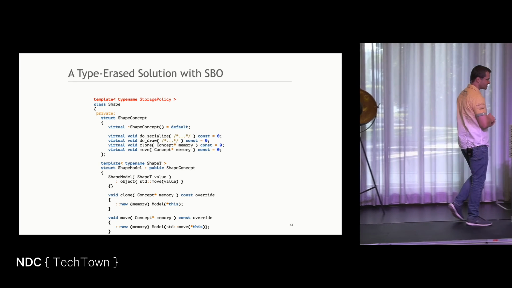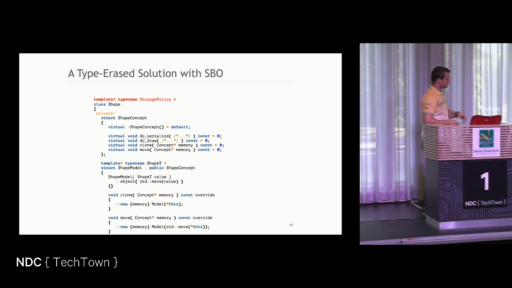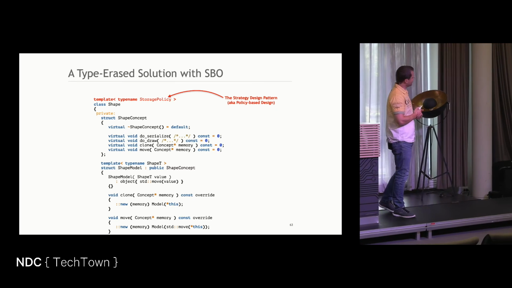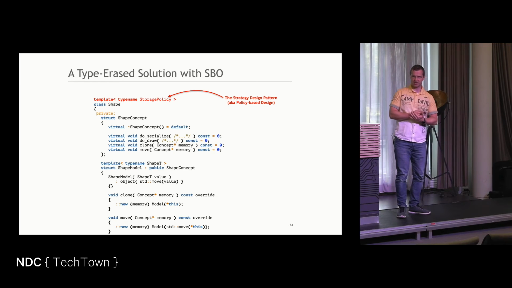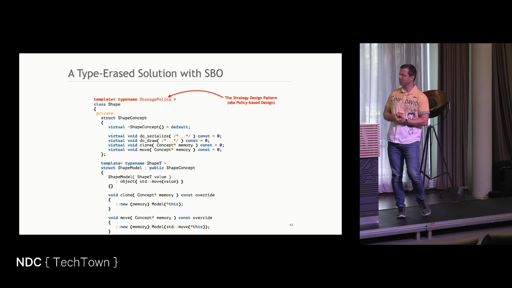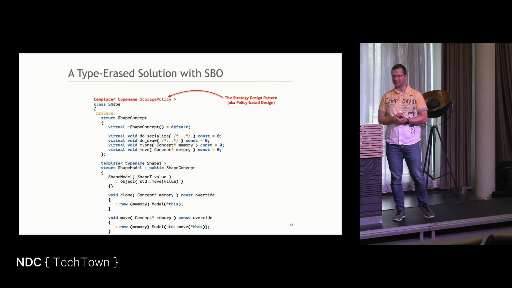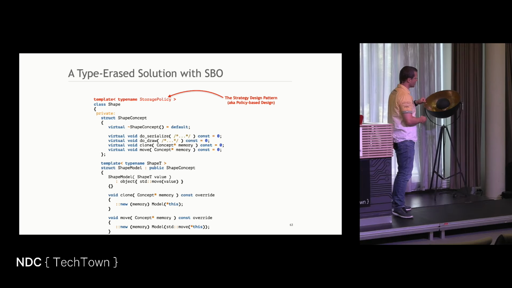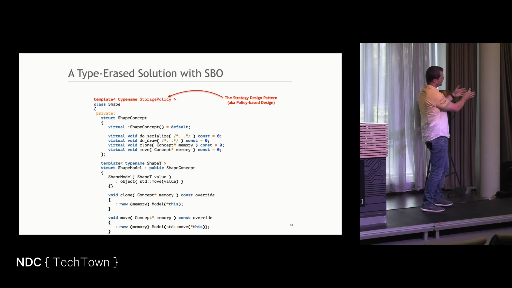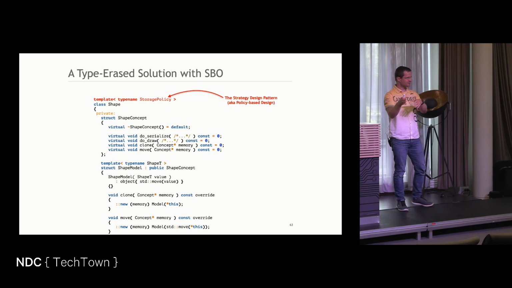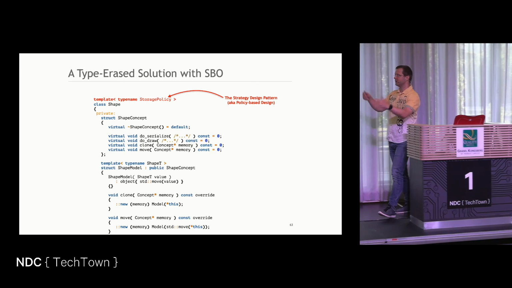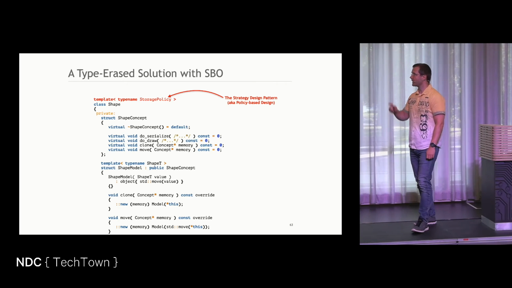You can actually configure this from the outside, which, by the way, because I'm a design pattern aficionado, it's a design pattern. It's the strategy design pattern. And it has a special name. We also call this policy-based design, which is the name that Andrei Alexandrescu suggested in 2001 when he tried to, to some extent, port all of the classic design patterns to templates. Policy-based design is pretty much the same thing, just in the template world.